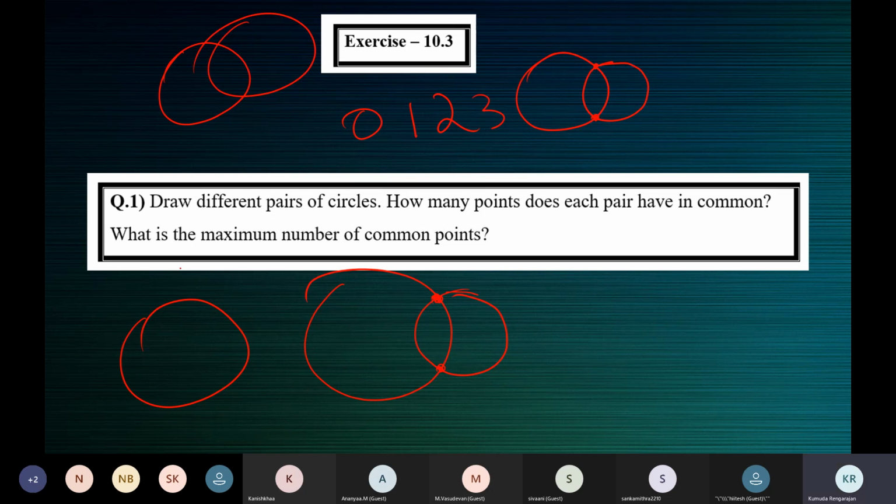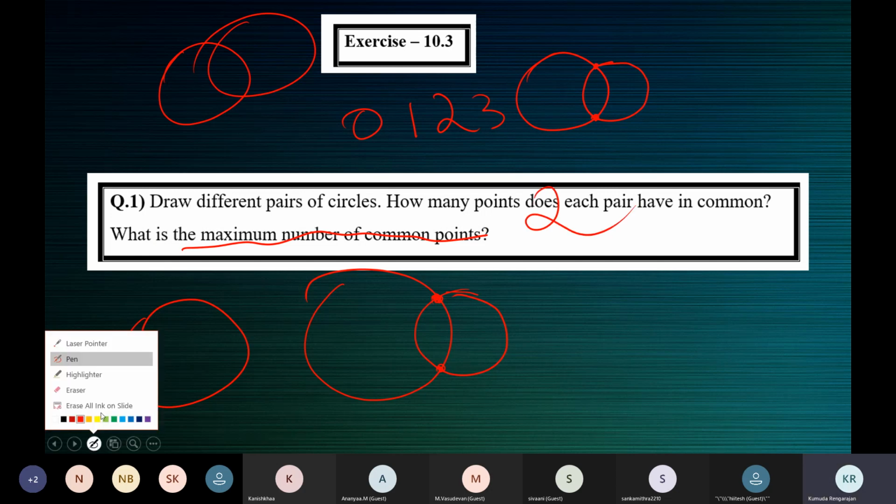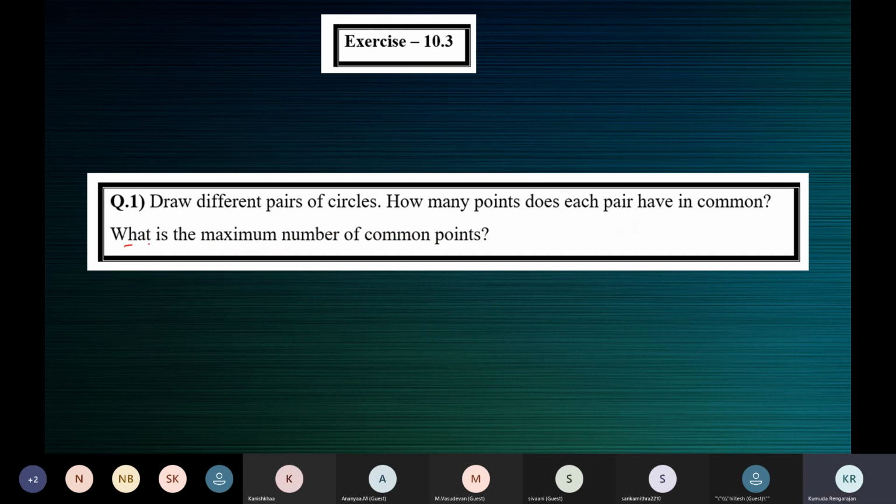So the maximum number of common points is 2. What is the maximum number of common points? 2. That happens in the case of intersecting circles, which can have 2 points in common, and this is the maximum number of common points.